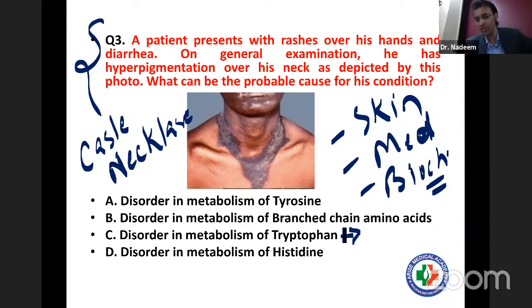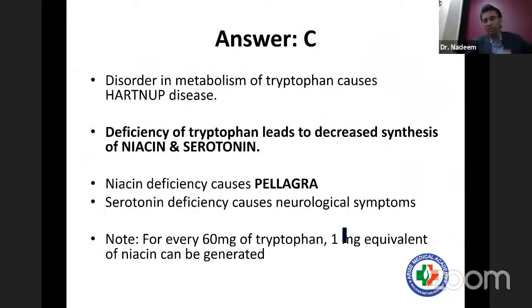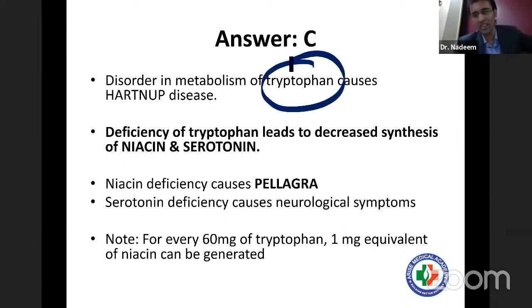Metabolism of tryptophan. Please understand what is happening here. Whenever there is a disorder in the metabolism of tryptophan, this is going to cause a disease called Hartnup disease. In Hartnup disease, the patient will have rashes, some skin symptoms, and there will be neurological symptoms also.